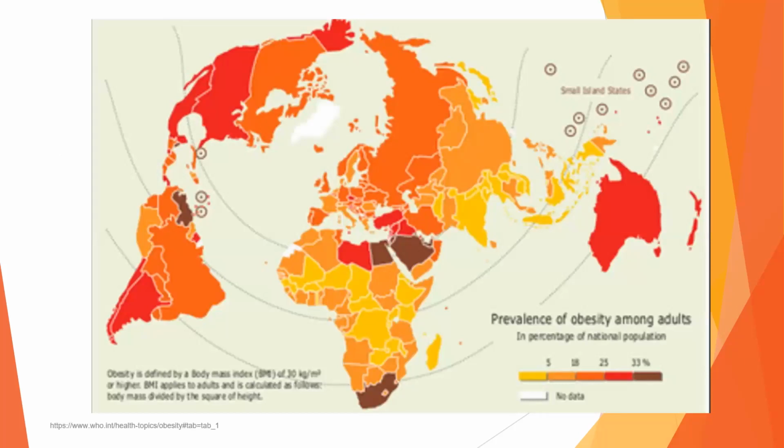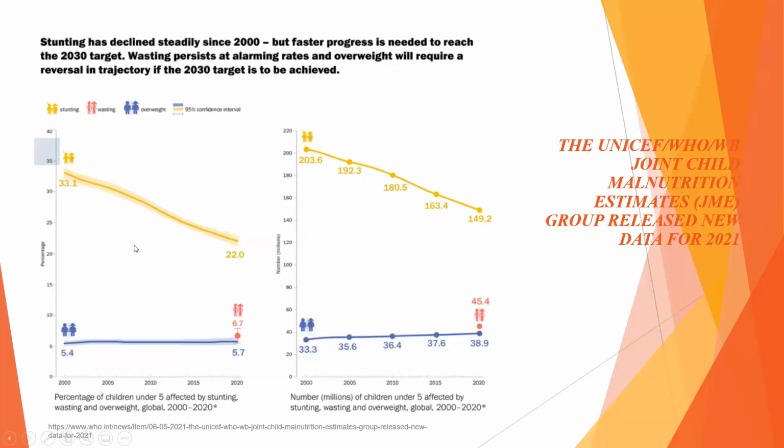This is an area map given by WHO showing the different prevalences of obesity among adults in different areas. You can see that Pakistan lies in this orange zone of obesity, and the red area shows very high prevalence of obesity among the general population.